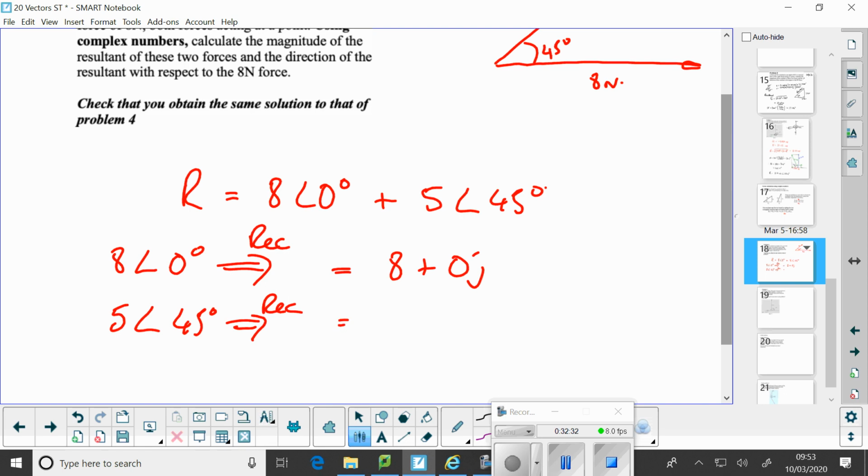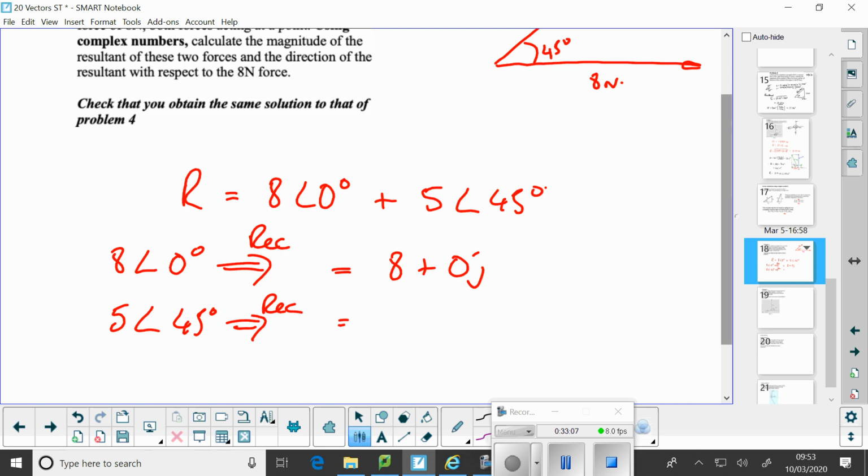Can you remember how to do that conversion on your calculator? You push shift and then rec, which is on the plus minus or somewhere down in that area. That opens a pair of brackets. You put in 5, then shift and the comma, then you put in 45, making sure your calculator is in degrees, and then close the bracket.